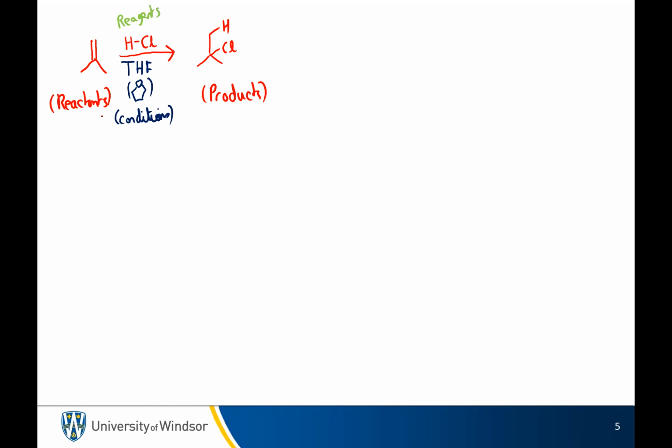And so I'll use the two terms more or less interchangeably. It's things that get involved with making the product. But the most important reactant is also called the starting material. The starting material is the most important reactant, where most of the atoms are showing up in the product.